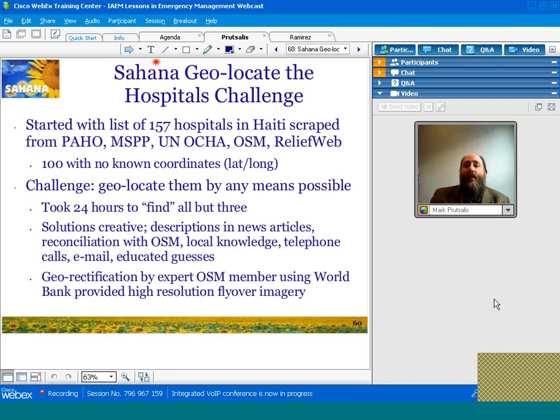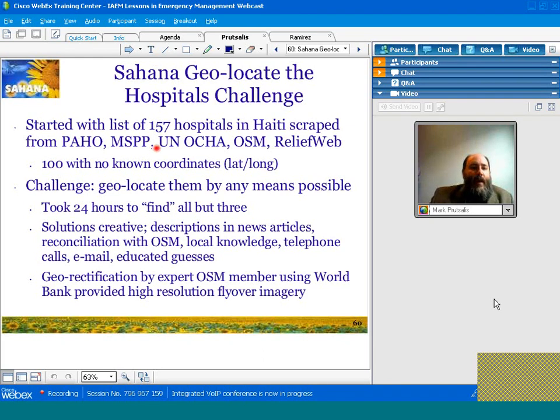Some of them were clearly wrong, with a pinpoint on top of what was a gas station. We knew that wasn't where the hospital was, but you could see in the imagery, because of its high quality, that the hospital was half a block down. And so we were able to improve the data, and that resulted in us having really the best data set of hospital data about 2 to 3 weeks after the earthquake.